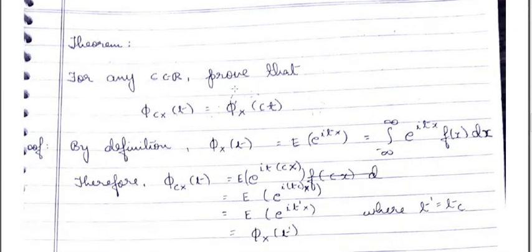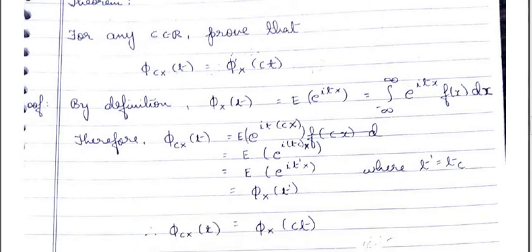For any c belonging to R, prove that phi of cx at t is equal to phi of x at ct. So by definition, phi x at t is equal to the expected value of e raised to itx, the integral from minus infinity to plus infinity of e raised to itx f(x) dx. So that means here we have taken cx in place of x, where c is the constant.